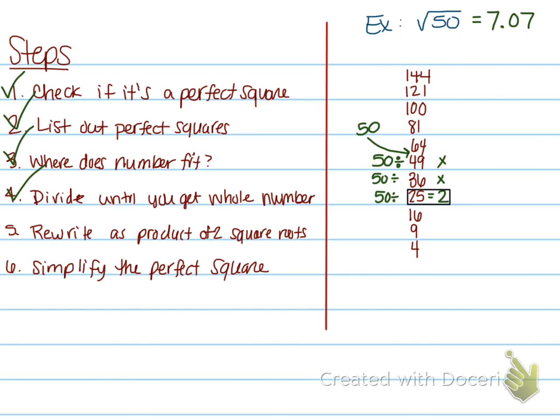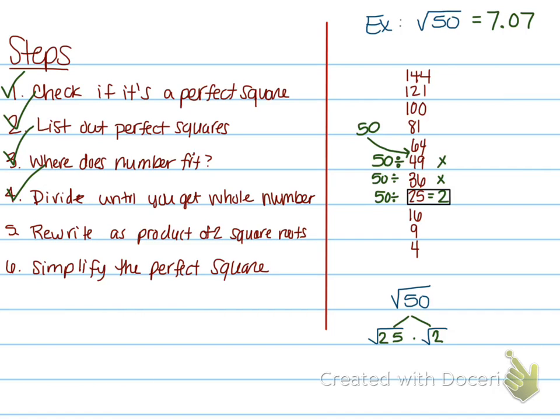Step 5 means I'm going to rewrite the square root of 50 using those two numbers. I'm going to take the square root of 50 and I'm going to break it into 25 times 2. 50 was in a square root, so I'm going to put each of these numbers in a square root.